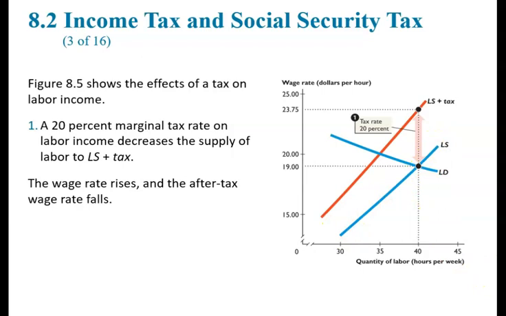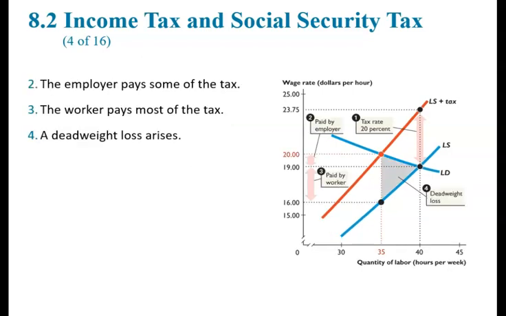When this upward movement of the labor supply curve happens, we get to this new equilibrium. At this new equilibrium, the wage paid by the employer rises from $19 to $20. But the wage rate received by the worker falls from $19 to $16.